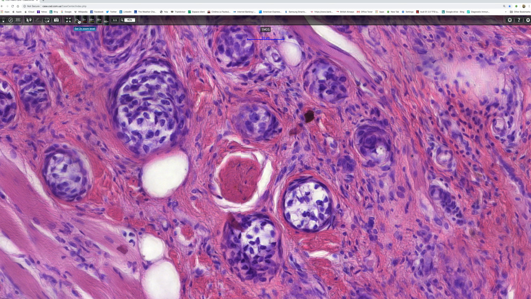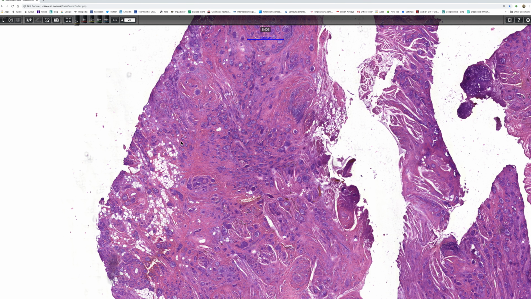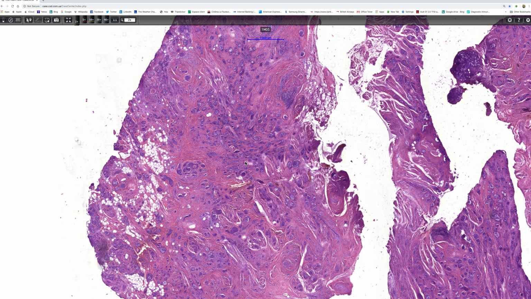Now, this tumor provoked quite a bit of conversation as to what it might represent. Some folk thought it could be an odd squamous carcinoma.